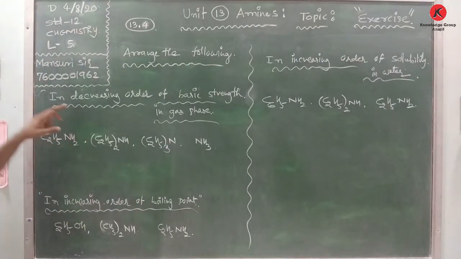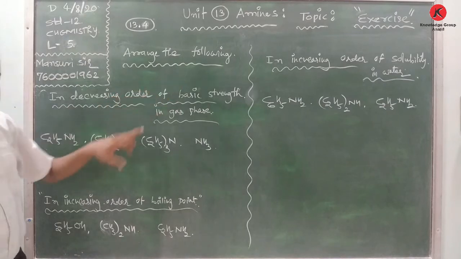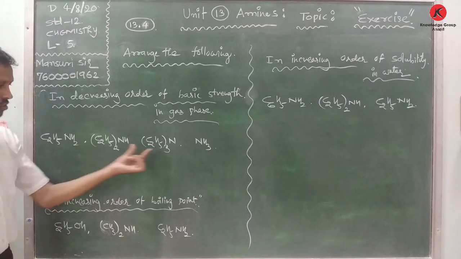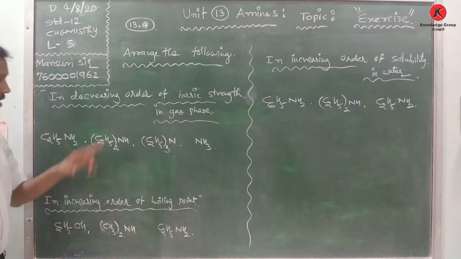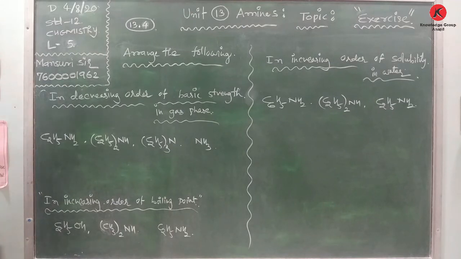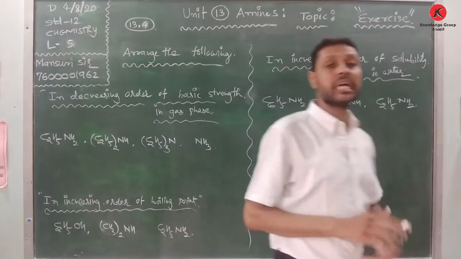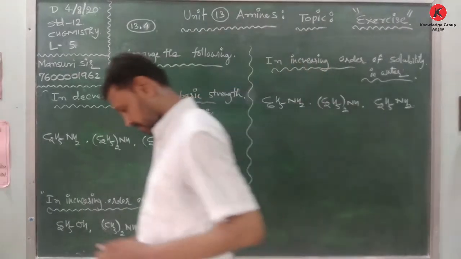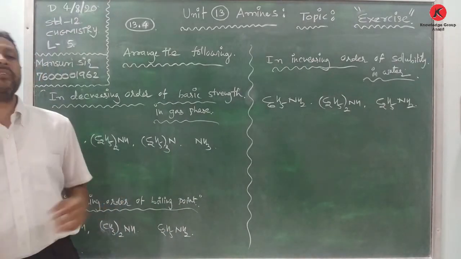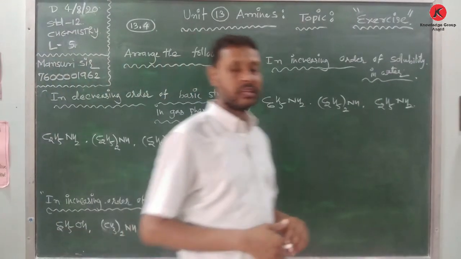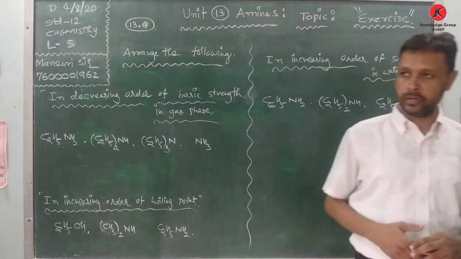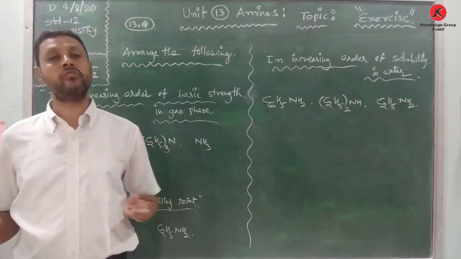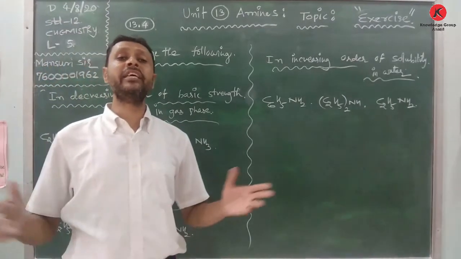Students, now we are going to decreasing order of basic strength in gas phase. Here you are given ethylamine, diethylamine, triethylamine and ammonia. We can say that in the gaseous phase only the plus I effect is responsible for basic strength. But whenever we are talking about the aqueous phase, there are three major affecting factors. First one is the plus I effect, thereafter solvation, and thereafter steric hindrance.